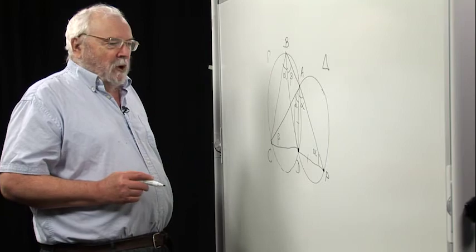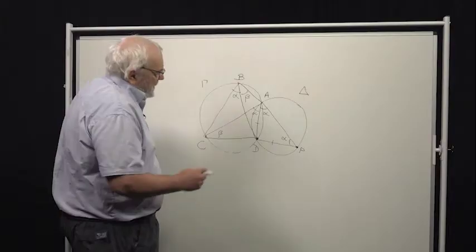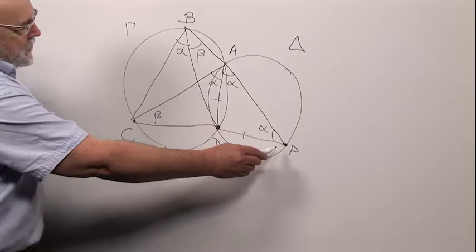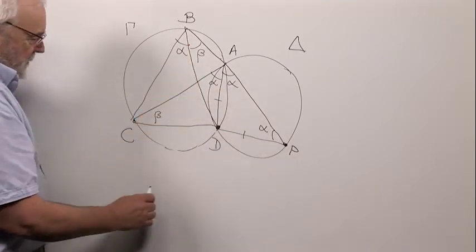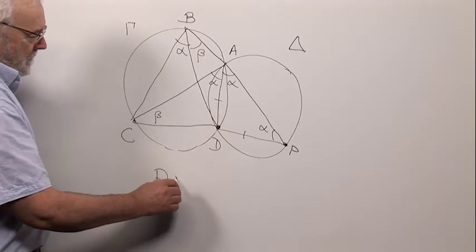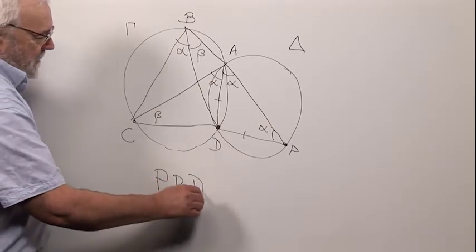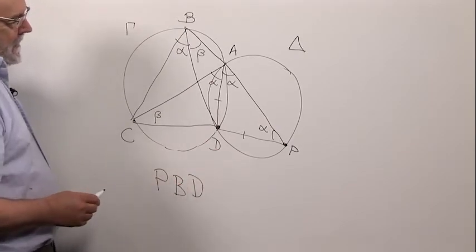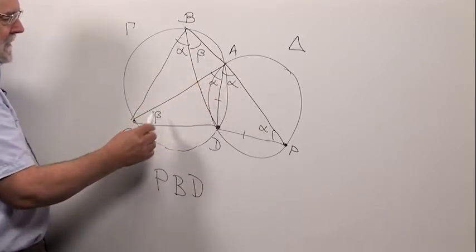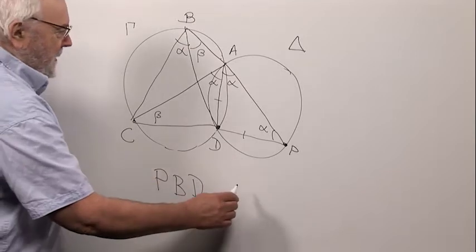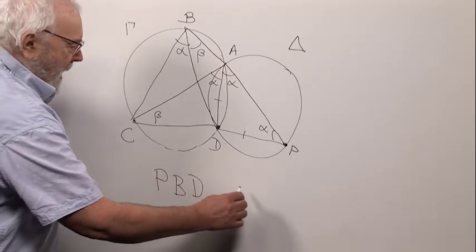So we might have some congruent triangles in play. Let's have a look. There's a triangle with angles that we know, alpha and beta. That's triangle PBD. Then there's another triangle with the same angles in it, alpha and beta. So that's triangle ACD.